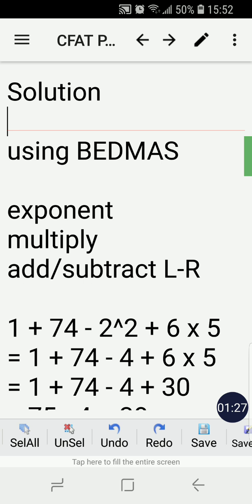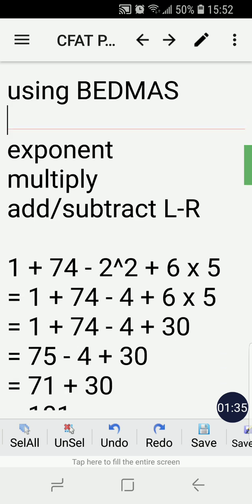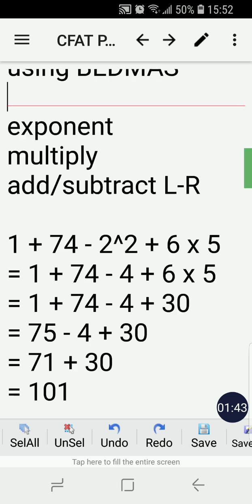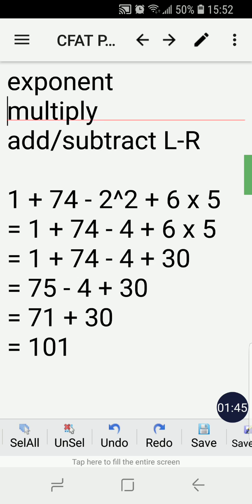So using BEDMAS, we determine the order of operation from the given problem. We will do exponent first, then multiply, and then add, subtract from left to right. So I mentioned exponent first.